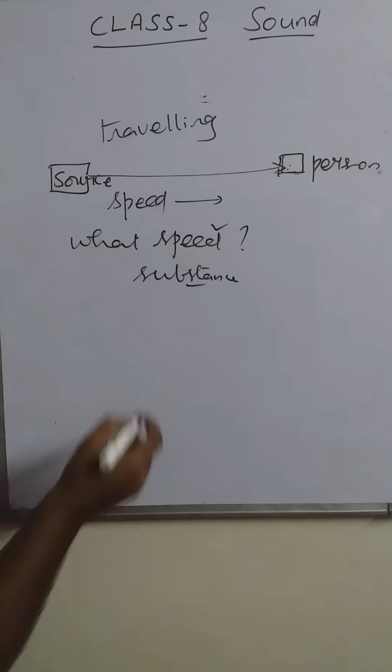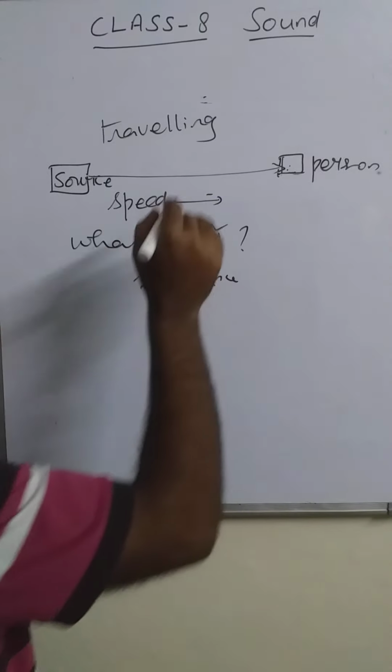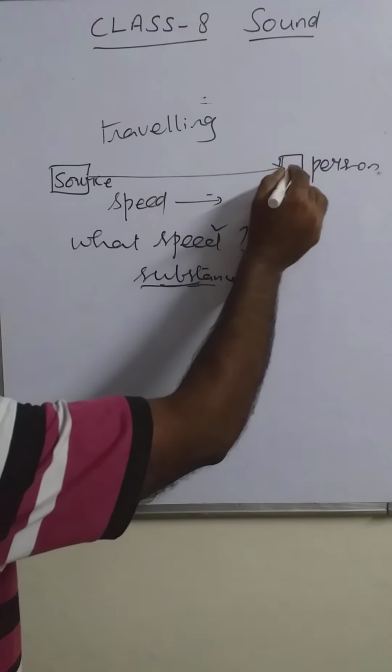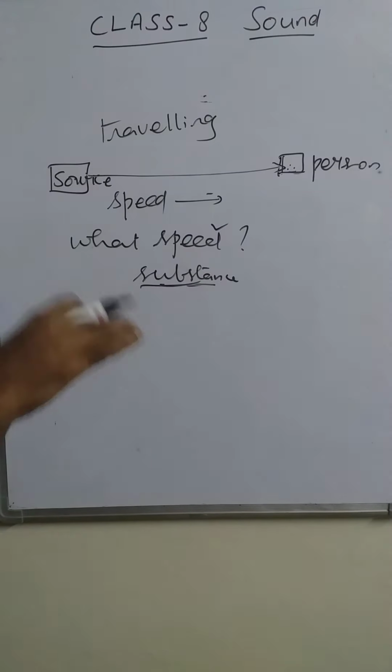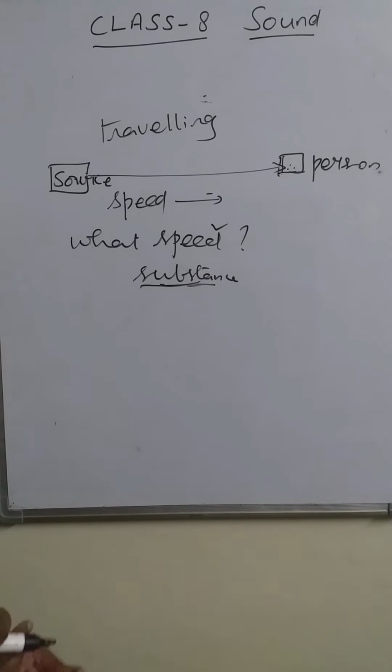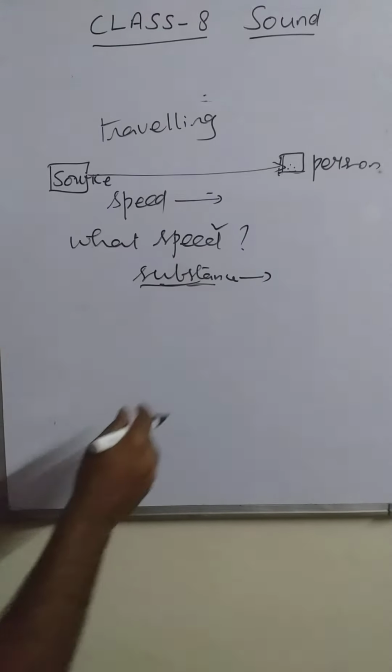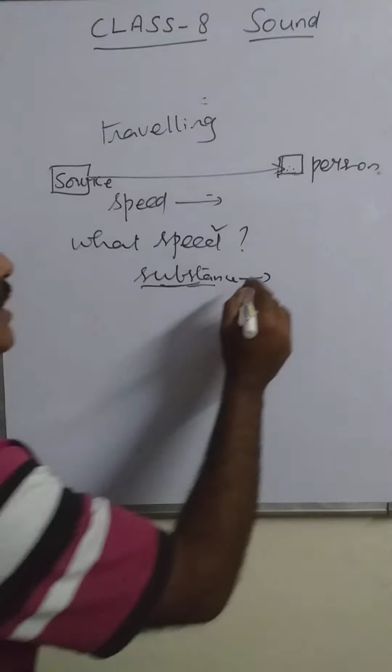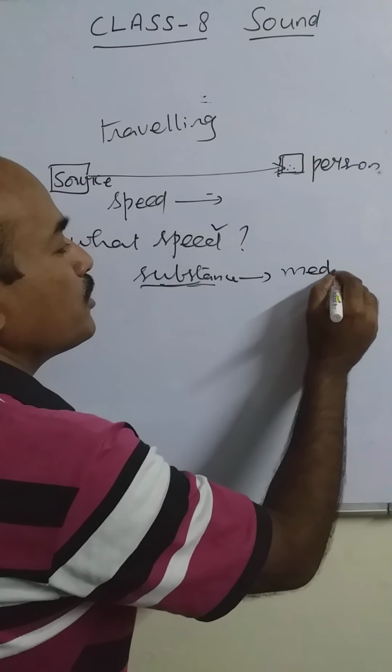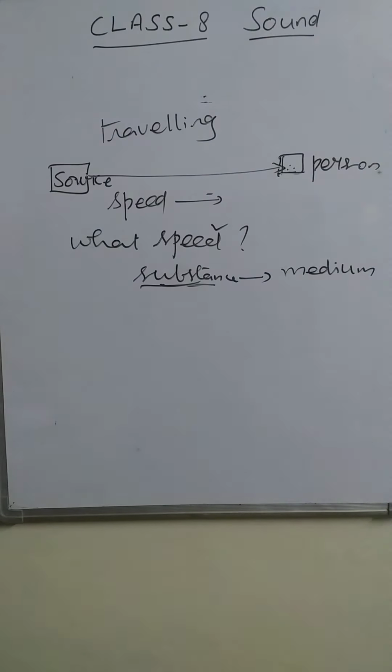In between the source and the person, some substance may be placed. That substance through which the sound is traveling is known as medium. Medium means the substance through which sound travels.